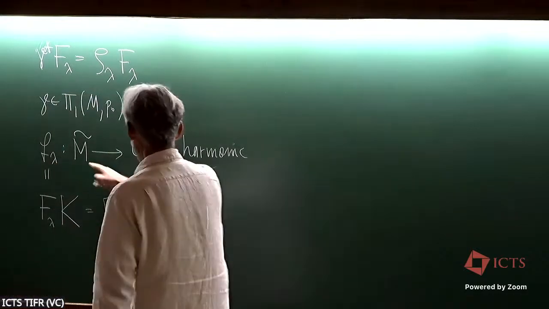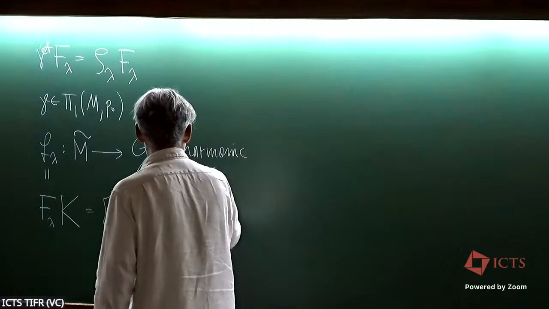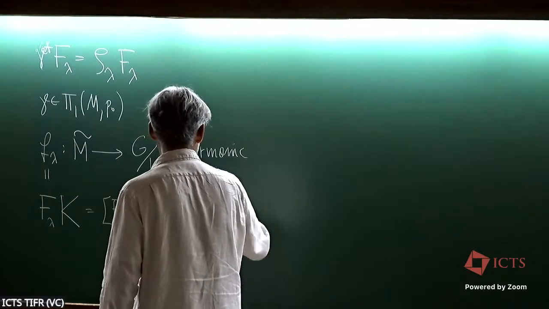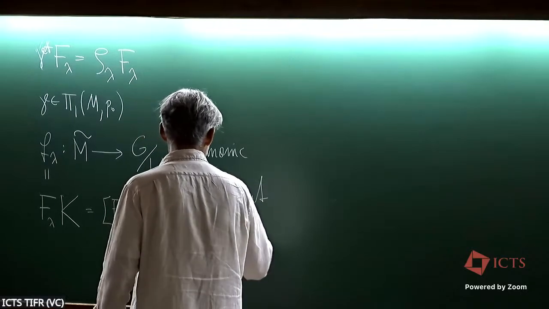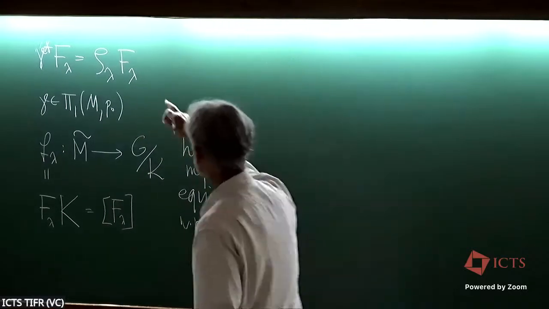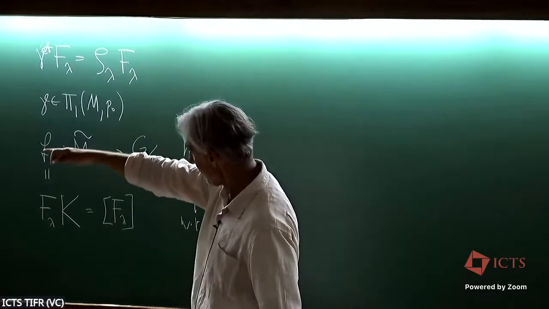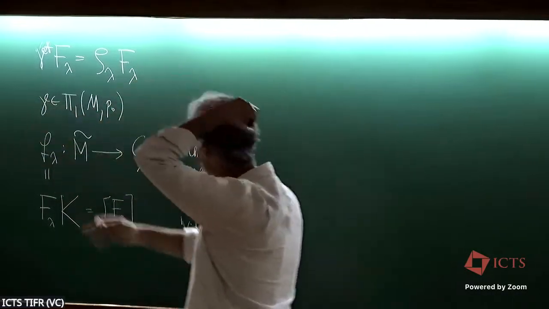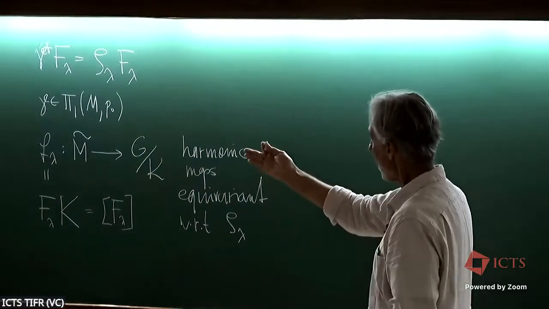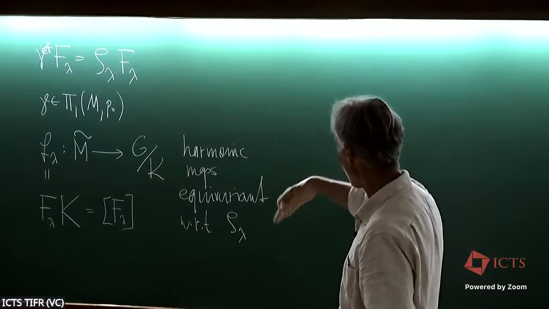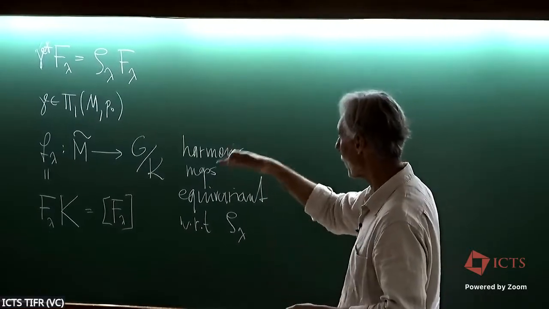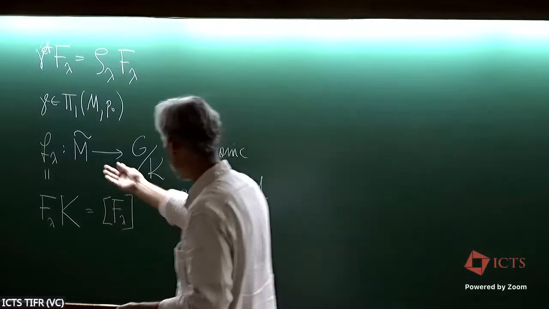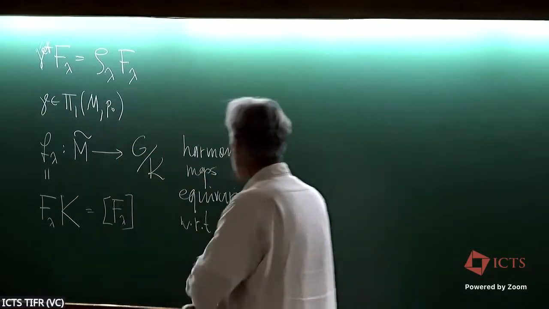Okay, so now you notice this condition here, which I have elaborated on. This means that at lambda equals 1, F lambda, of course, is a harmonic map, but it's equivariant by construction with respect to rho lambda, right? That comes from this condition here. But in the case when the connection is really trivial at lambda equals 1, then if I plug lambda equals 1 into this circle of harmonic maps, I get a map from the compact Riemann surface, or whatever the quotient is under the fundamental group.